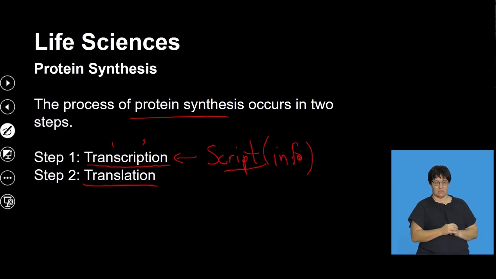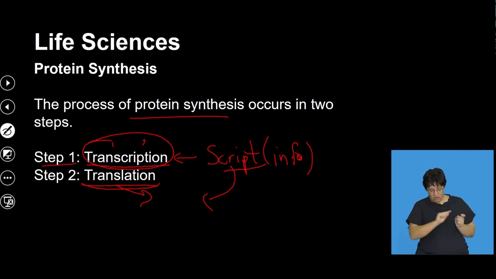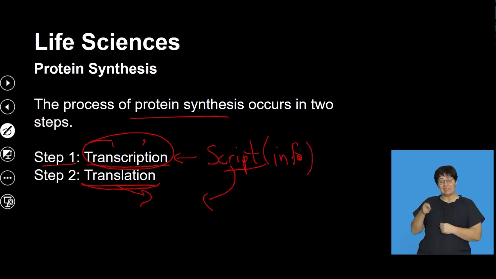So the first step in protein synthesis is called transcription, and the second step is called translation. The word translate means change the language or change the meaning. So the second step involves changing the script into a different language, or in this case, a different structure.